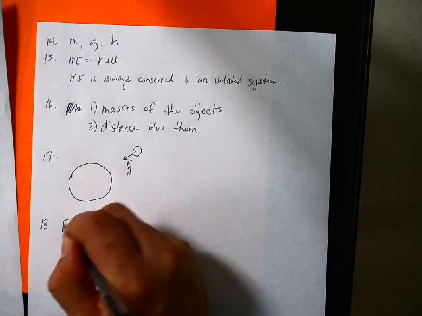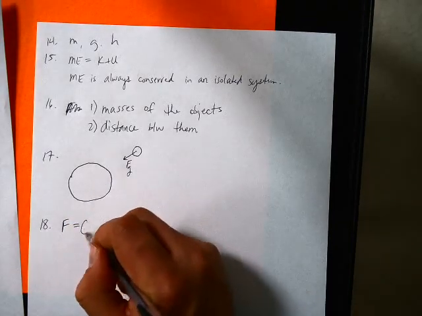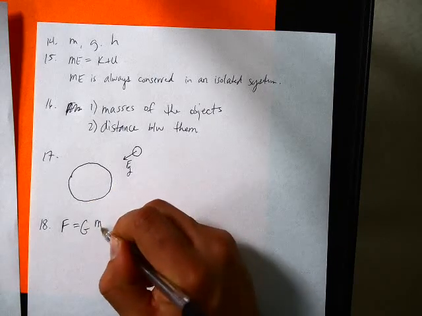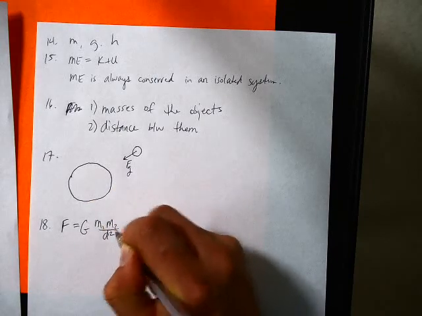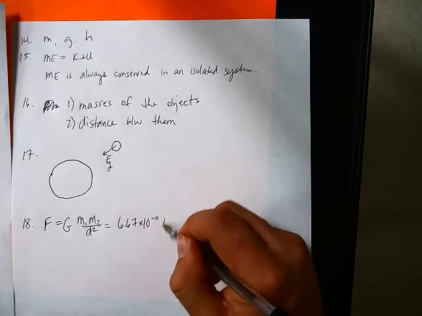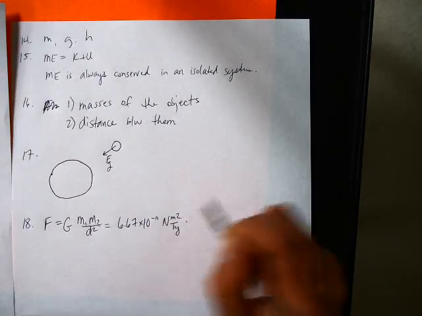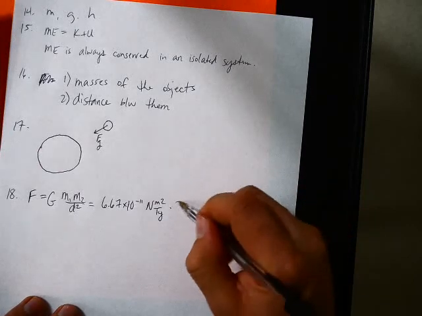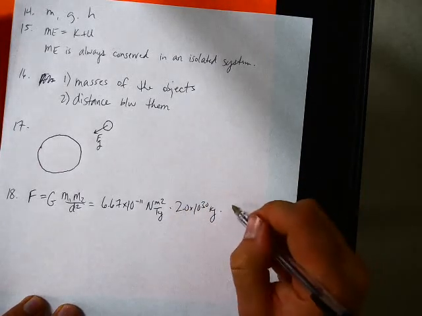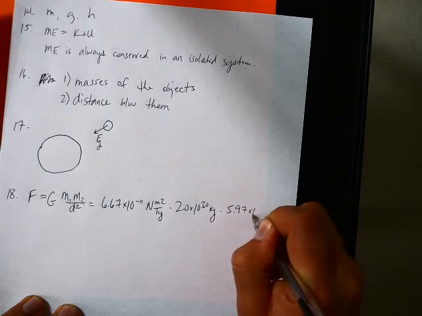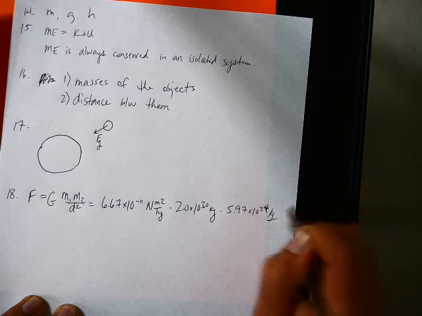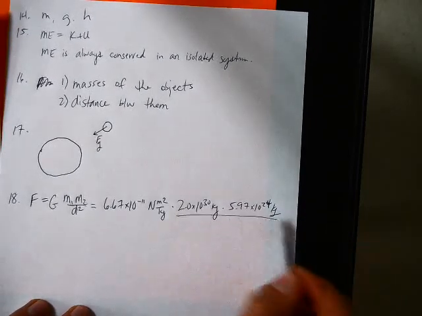If we wanted to calculate the force, like in number 18, where we're trying to find the gravitational force between the sun and the Earth, we use Newton's law of gravitation. So G is 6.67 times 10 to the negative 11th, multiplied by the mass of the sun, multiplied by the mass of the Earth, 10 to the 24, excuse me, divided by the distance squared.